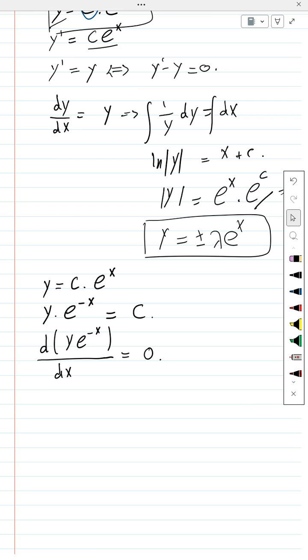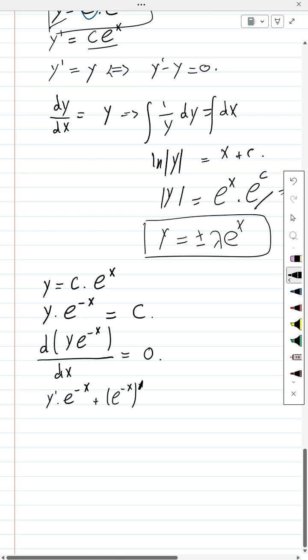And this time we need to get the derivative of this. The derivative of this with respect to x, since y is our function, is going to be the product of two functions, which is y prime times exponential minus x, plus the derivative of this exponential minus x times y, is going to be equal to 0.